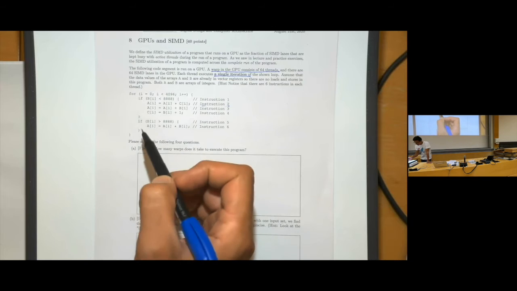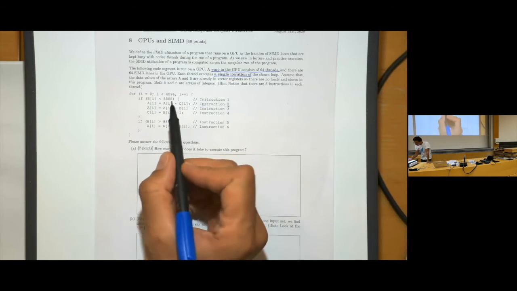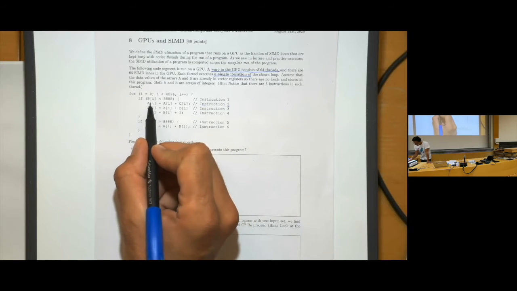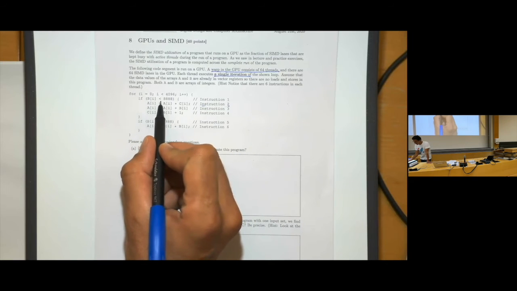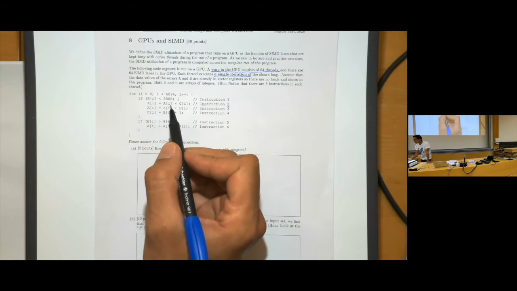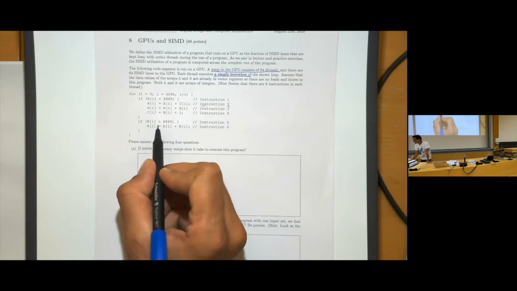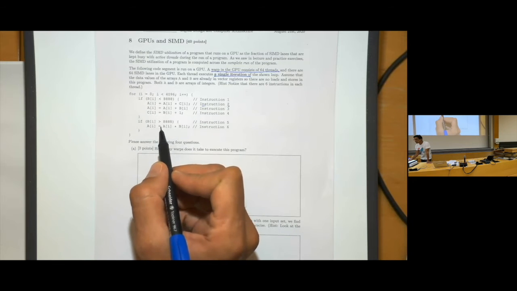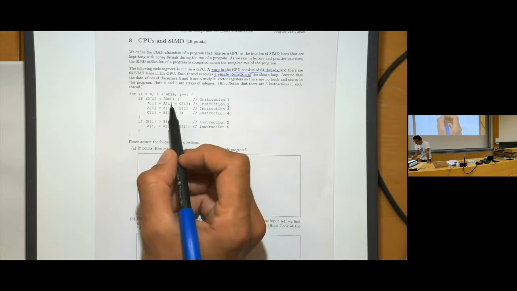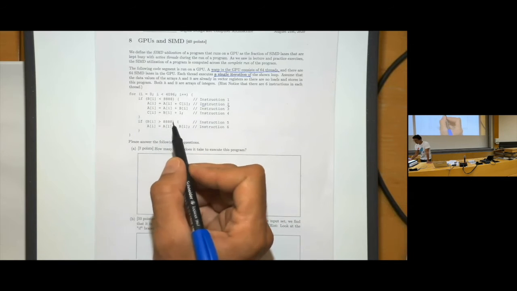And in the body of the for loop, we have 2 if statements. One of them checks if B of I is lower than 8,888, and the other one checks if that value is greater than it, right? So observe that it is lower or greater.